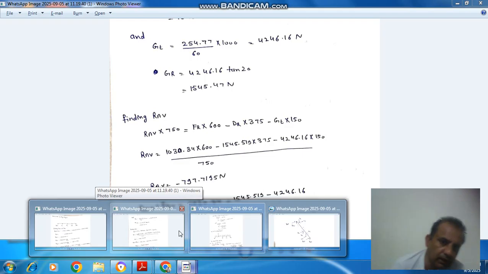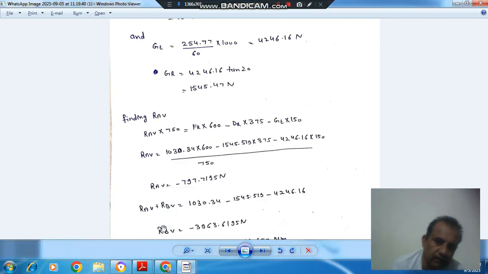So RAV comes out as minus 797.71. Now RAV plus RBV is equal to the total vertical downward load, so RBV becomes 3963.6195 Newton.